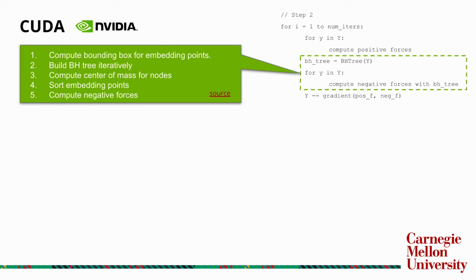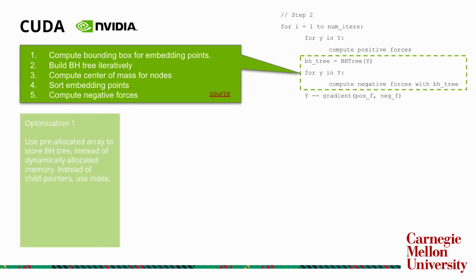Our third approach parallelizes the negative force computation using 5 CUDA kernels. There are 3 important optimizations to make this efficient. First, we use a pre-allocated array to store the Barnes-Hut tree instead of using dynamically allocated memory. This way, we can traverse the tree using index instead of child pointers.